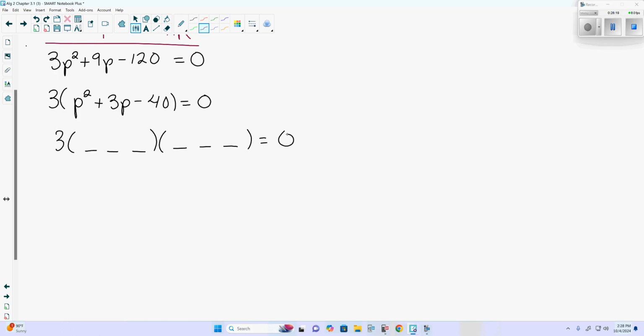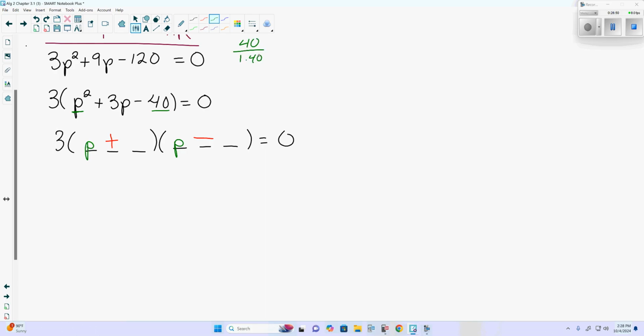Once we factor the 3 out, we have step 2, our 2 sets of parentheses with 3 spaces. We're going to find the sign. The third term is negative, so our signs are plus and minus. They're opposite. One's going to be positive, one's going to be negative. Factors of p squared, p and p. Factors of 40, we have a few.